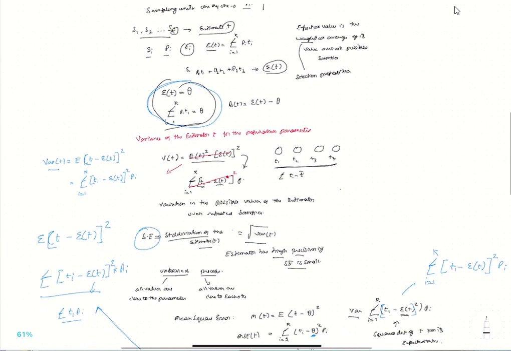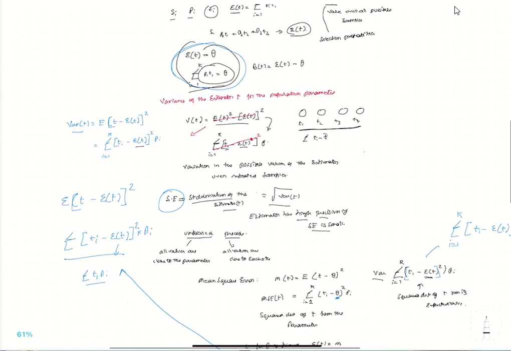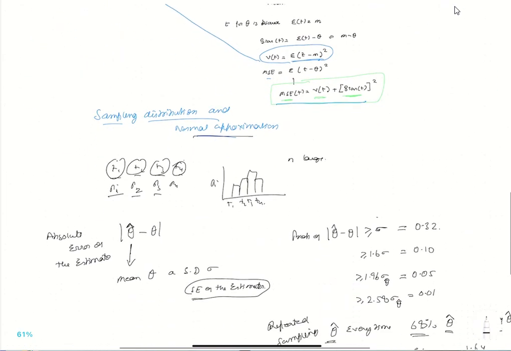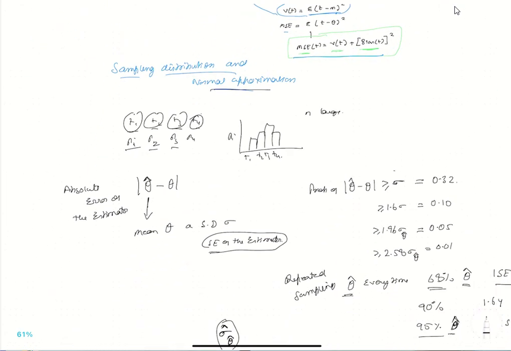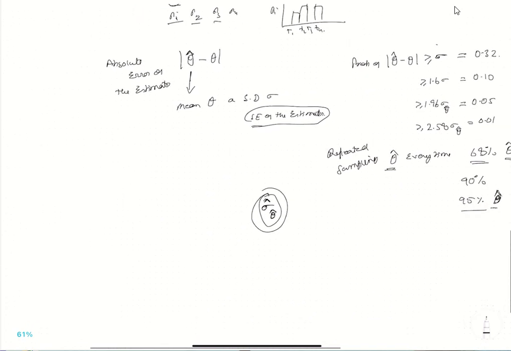So this is the variance. Variance is the expected value of Ti minus expected value of T. Expected value of T would need to be calculated from here. So we don't know the population variance. That needs to be estimated from the sample itself, because we are taking just one sample, and that is why we get a sigma hat t.